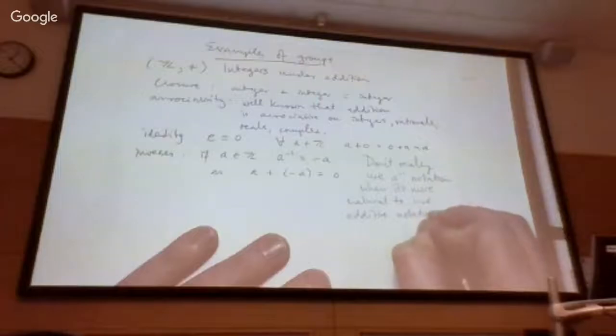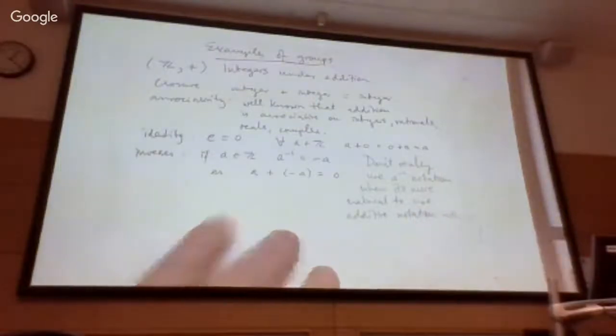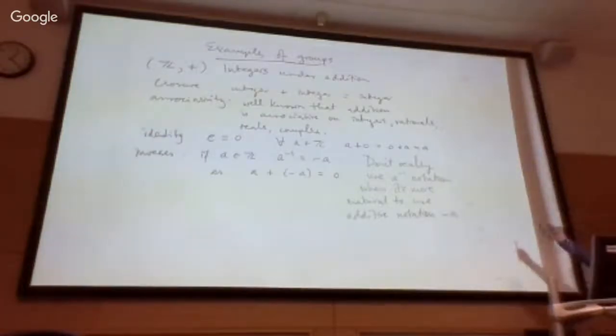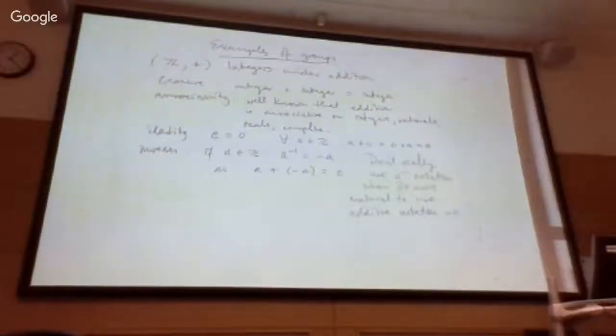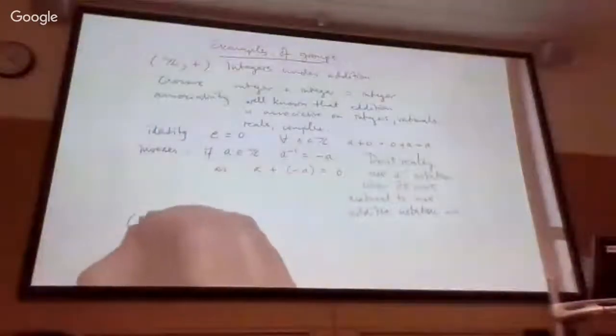The additive notation for an inverse would be minus A. It's green pen, in case you're wondering. So yeah, so Z plus is a group.